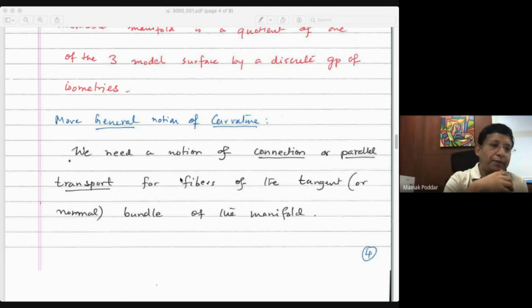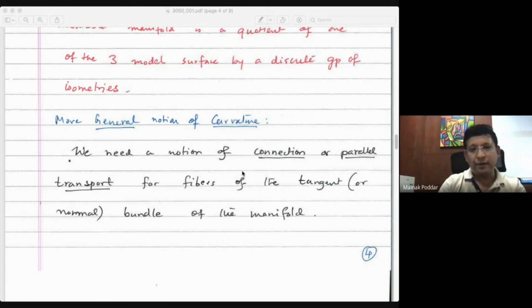There is a theorem which says that if your manifold has dimension n, then you can embed it in a Euclidean space of dimension 2n or 2n plus 1, depending on some conditions. There are examples: you cannot always embed a manifold of dimension n in Euclidean space of dimension n plus 1 if the manifold is too complicated.